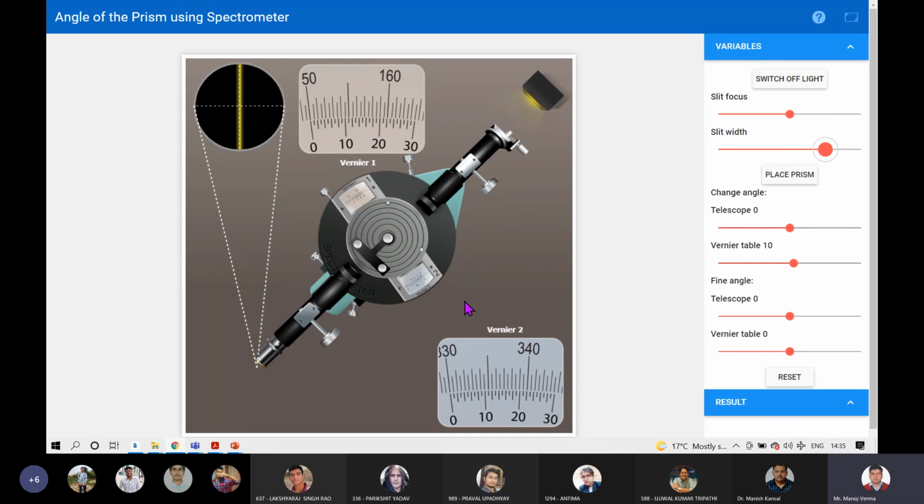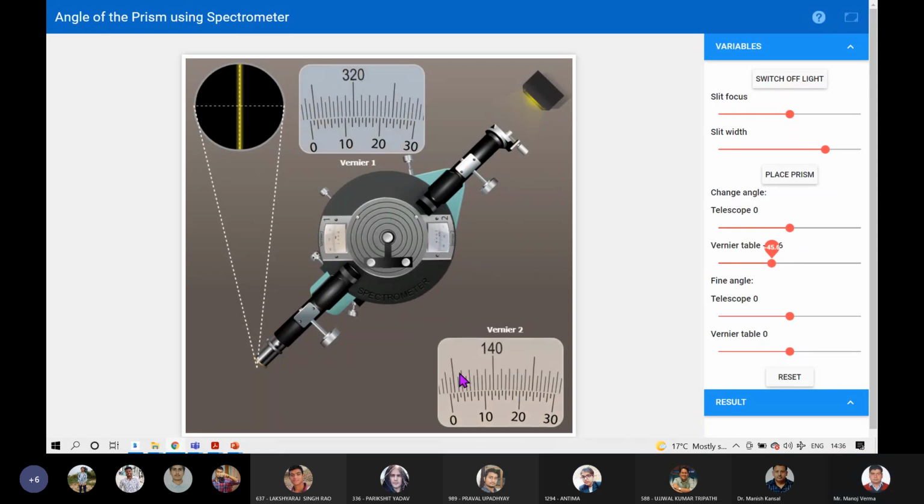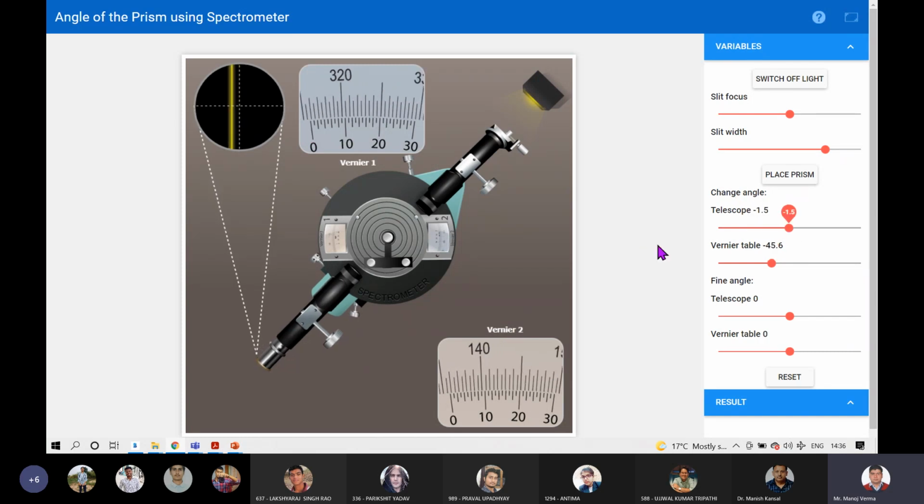So this way, this prism. Now, before going into the experiment, I just want to see the actual least count and the scales of this particular scale. You can rotate the telescope.